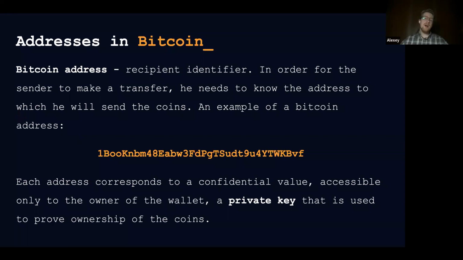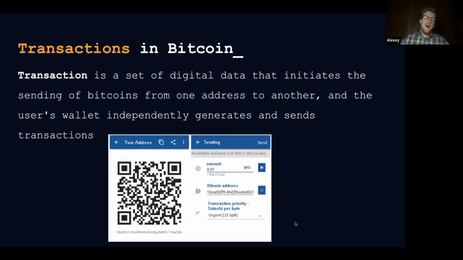Basically, an address is generated from the private key. First, we have the private key, then we generate the public key from it, and then we apply several steps of transformations in order to obtain an address, which will be associated with the coins that are sent to this address.